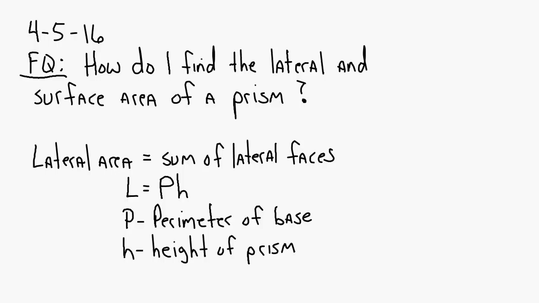So the perimeter of the floor in here times the height of one of the walls would give you the lateral area. Okay? It would also represent the area of all the walls. If you took the area of each wall and added it together, that represents the lateral area. The area of all the walls is the same as the perimeter of the entire base times the height of one of the walls. Does that make any sense?